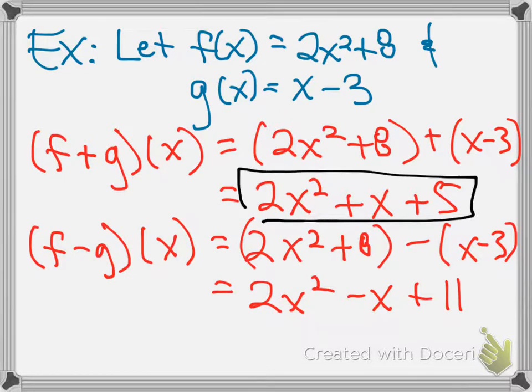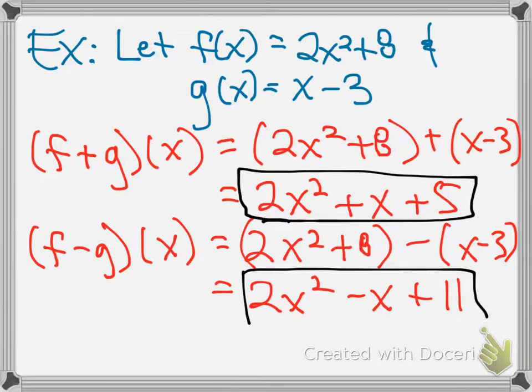Our first function that we looked at ended up being 2x squared plus x plus 5, and this is when we added our functions together. So I can look at my function, and there isn't any value of x that I can't square, and there certainly isn't any value of x that I can't just add on. So that means that our domain here is all real numbers, because x can take on any value we want.